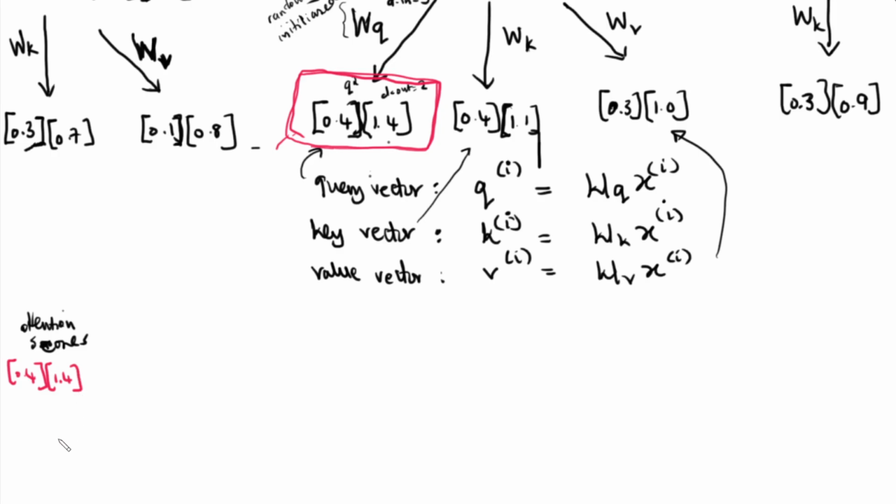So using that query, what we're going to do is take that particular query and the key vector. It'll be as if we are doing some lookup in a table.